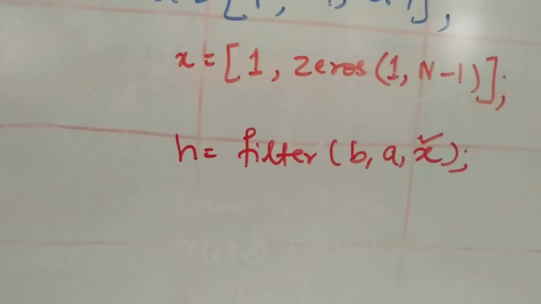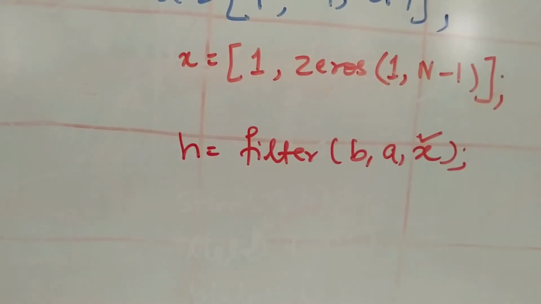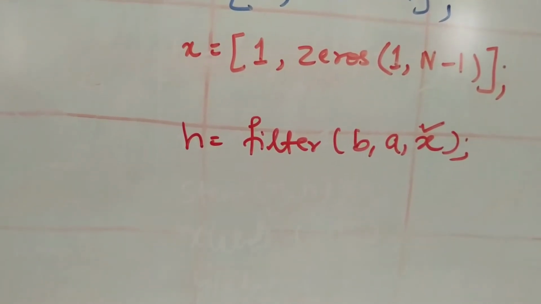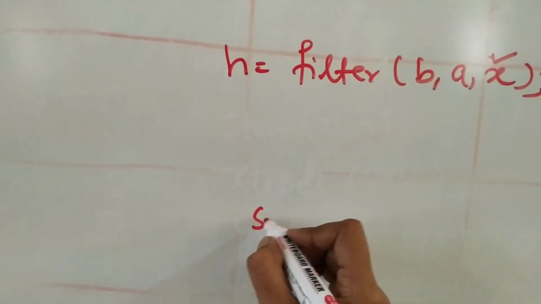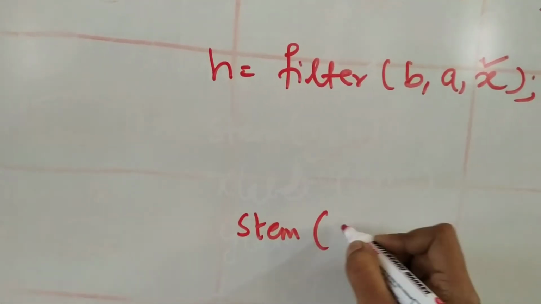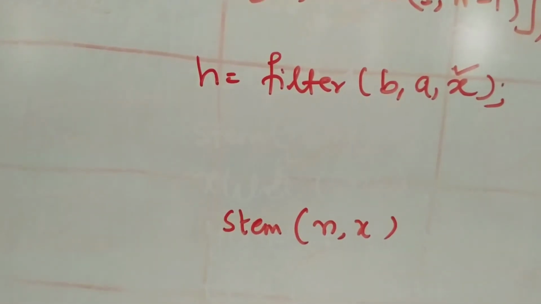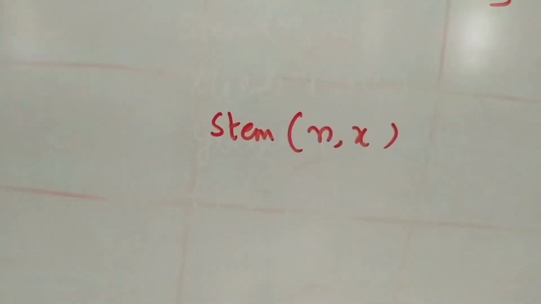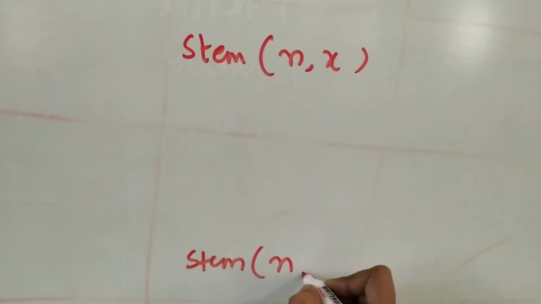So we have to make use of the stem function two times separately. For the first time, that will be stem of n comma x, this is for the impulse input, and another stem we require to declare, that is stem of n comma h.